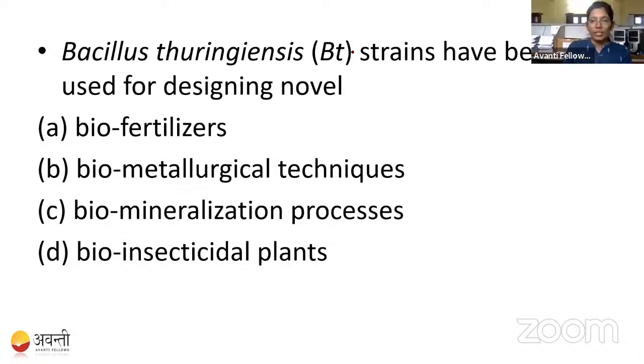Bt, Bacillus thuringiensis, will be used for what? Option A, biofertilizer; B, biometallurgical techniques; C, biomineralization process; and option D, bioinsecticidal plants.